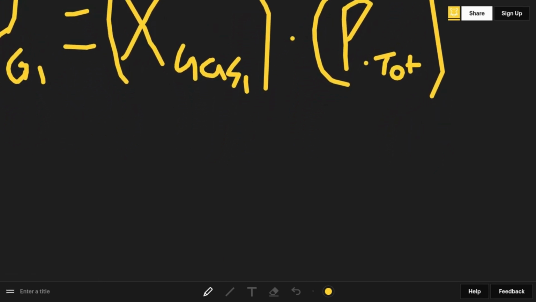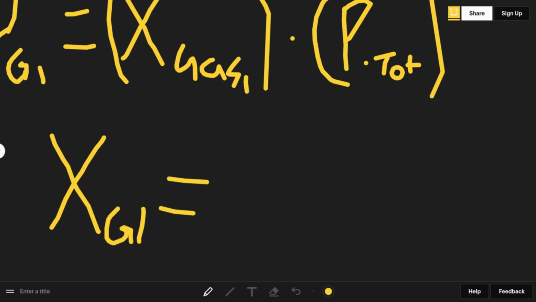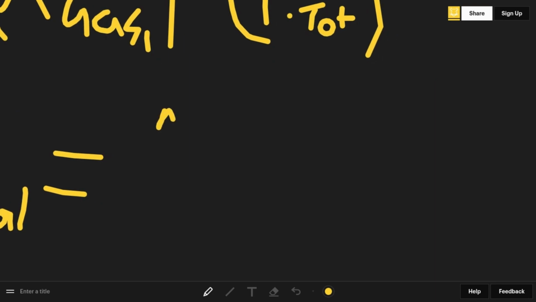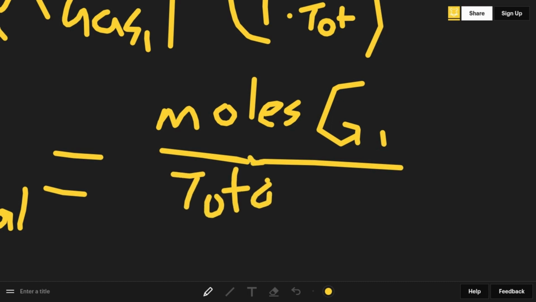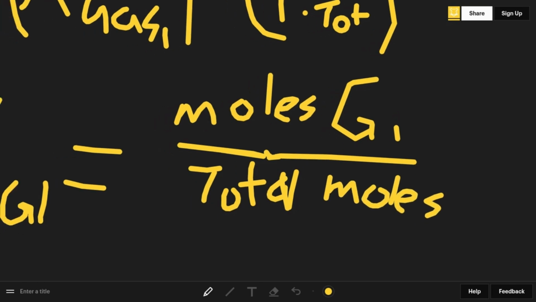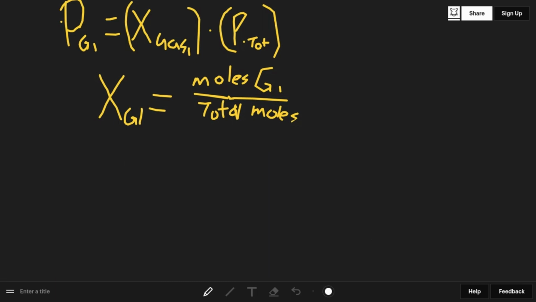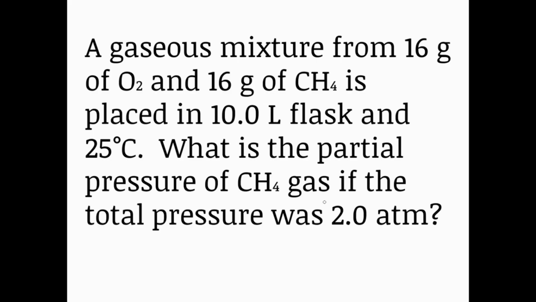Now, X of gas 1 is equivalent to the number of moles of that gas divided by the total moles.